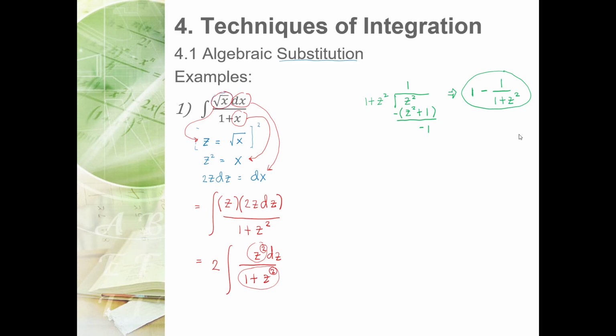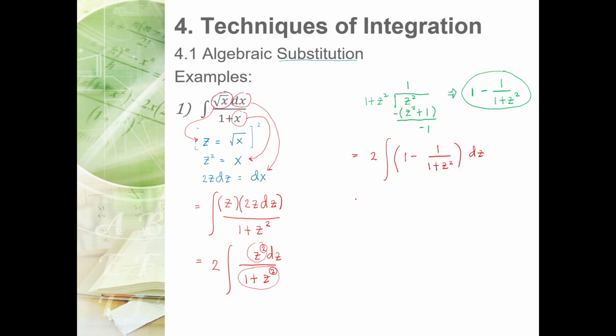Meaning your equation becomes 2 integral of, so instead of this term here, it now becomes 1 minus 1 over 1 plus z squared dz.